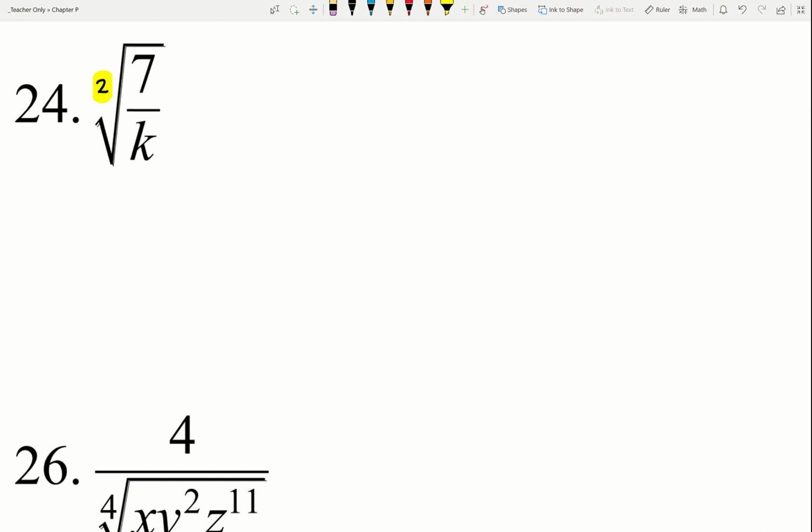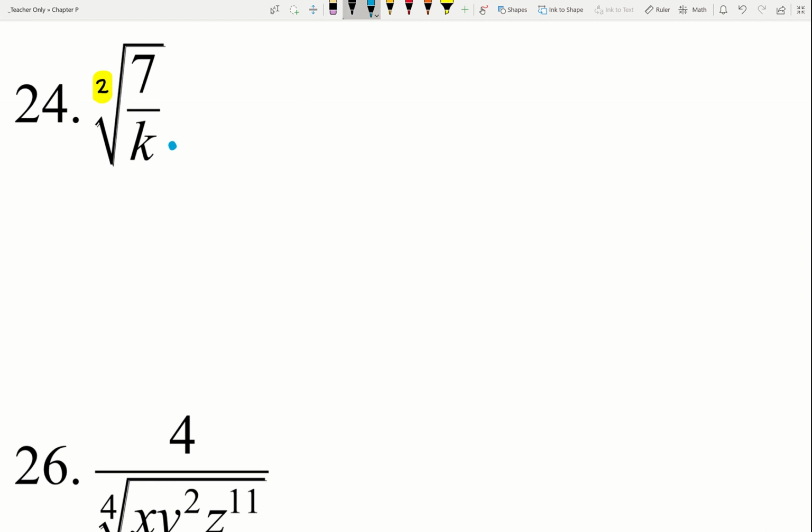Well, here I don't believe that it does because this is simply k to the first, and we need an exponent of 2 to leave the root, okay? And so here's how rationalizing the denominator is going to work when you only have a single term in your denominator like this. What you're going to do is, since it would take k squared to leave the root, we're going to introduce whatever is missing so that we could write this as k squared.